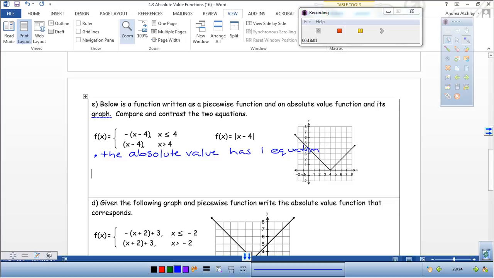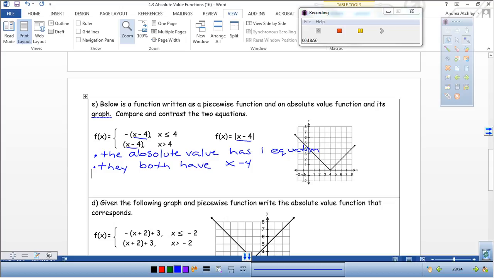And what else goes with that negative 4? Right? They all have the same x minus 4, x minus 4, x minus 4. The x minus 4 and these are just in parentheses. These are in those absolute value signs, those bars. Okay, but they both have it.